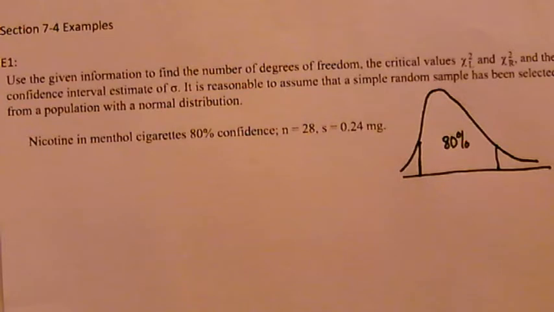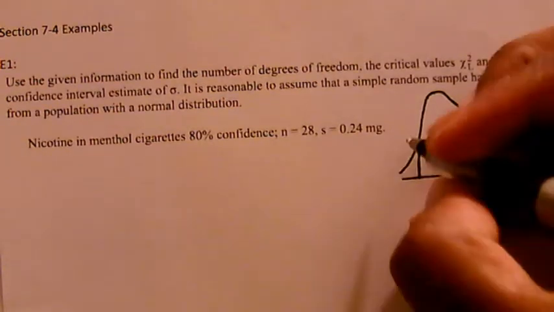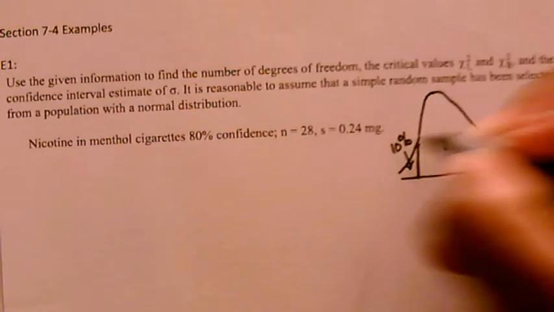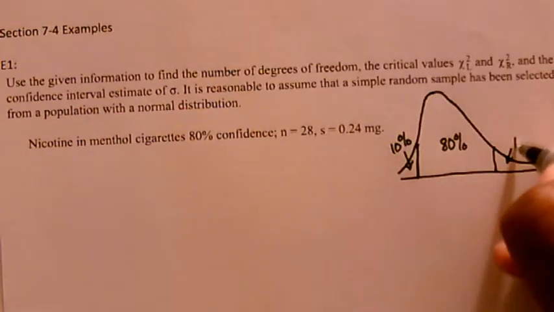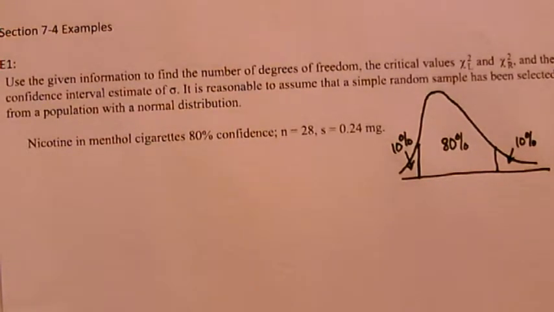Now, in this case, if this is 80%, the area underneath that curve is 100%. The remaining has to be 20%, split evenly, meaning that this area on the left side is 10%. This area right here is also 10%. And that makes up the whole 100%.